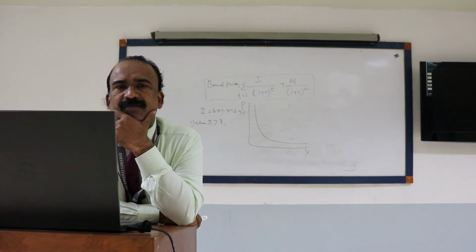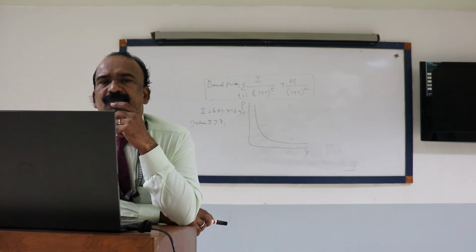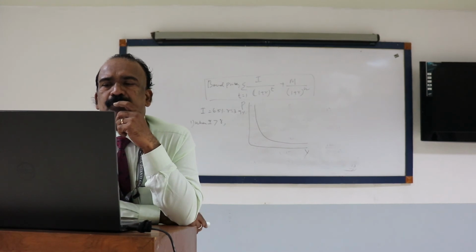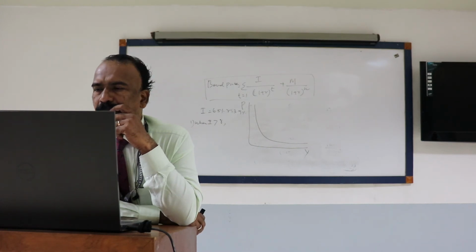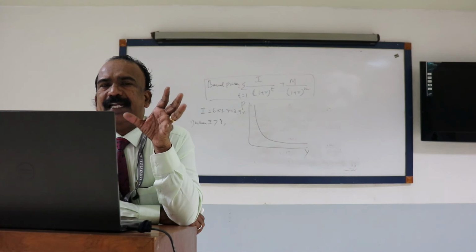Can anyone read the first sentence of the first theorem? When the interest rate is greater than R, the value of the bond is greater than the face value of the bond. All of you understood this sentence?